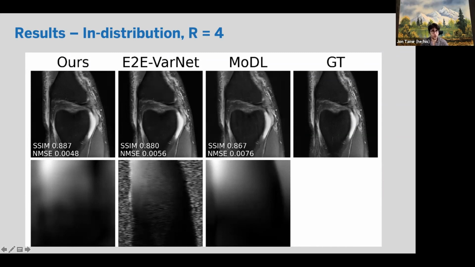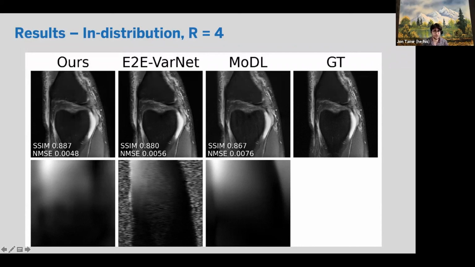And so even though qualitatively it doesn't necessarily in this case lead to significant differences, it's important to understand that these variables are coupled, and you want to do your best to get the image content in the image and the sensitivity content in the sensitivity maps. And so our sensitivity maps don't reflect that kind of image leakage, at least not as much.